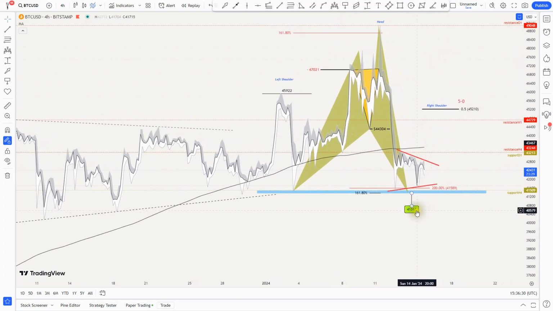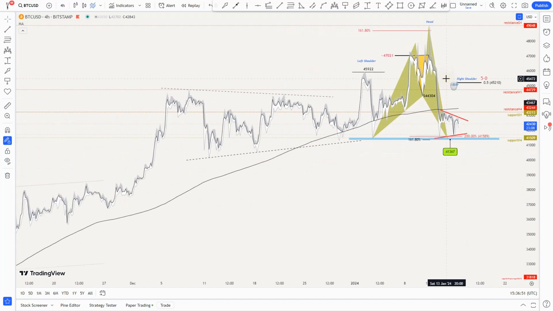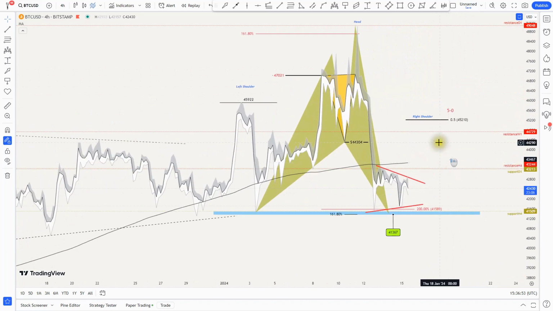We have also a pattern: I projected a bullish shark pattern at 41,367, so it's just a few points below the recent lows. I will not be surprised to see Bitcoin being pushed into a new lower low, and eventually a bounce after completing the pattern.